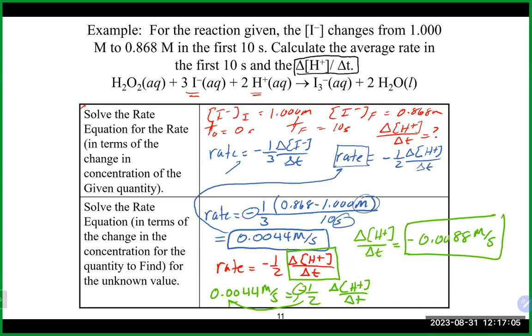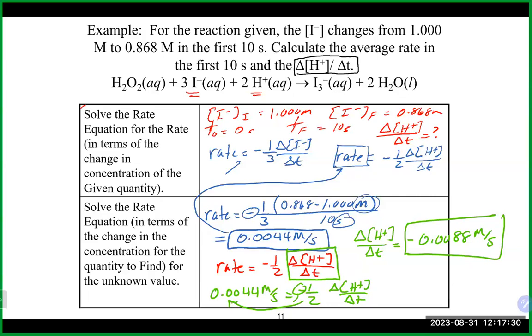Any questions on that? We see here that when we're talking specifically about our reactant, which is our H plus, and how it's changing with time, I do have a negative number. So that is negative 0.0088, right? The average rate is 0.0044, which is a positive number.